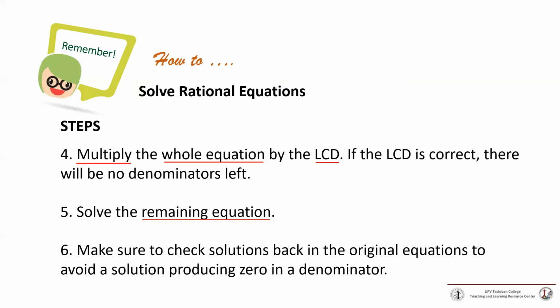Since we are discussing a rational equation, one of the steps is to make sure to check solutions back in the original equations, because we may get an extraneous solution, that is, a value of the variable that can make the denominator 0, because we cannot divide a number by 0, so it's false.